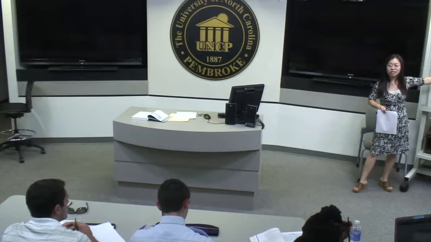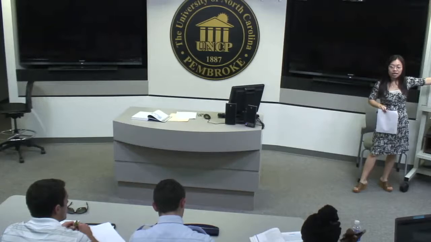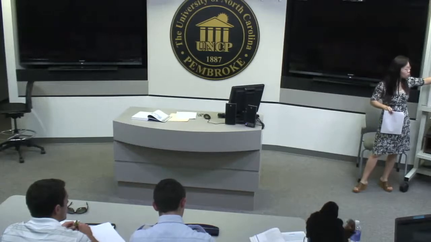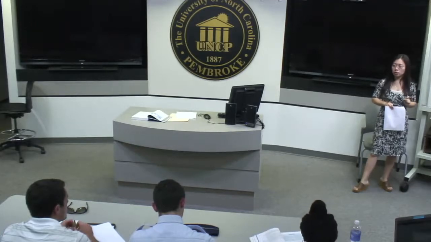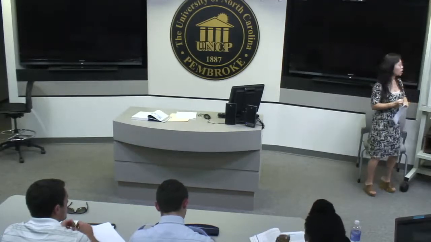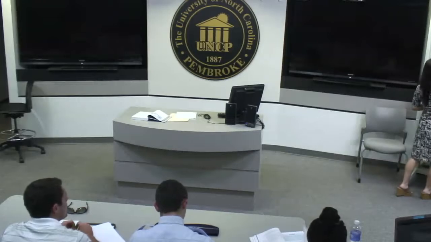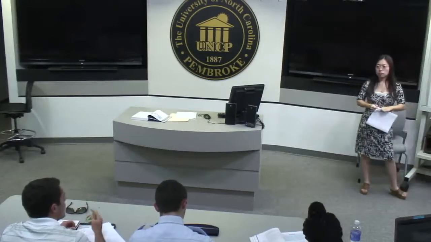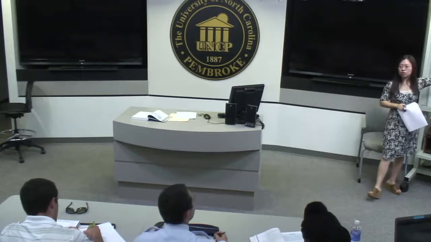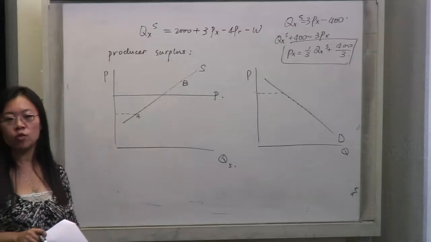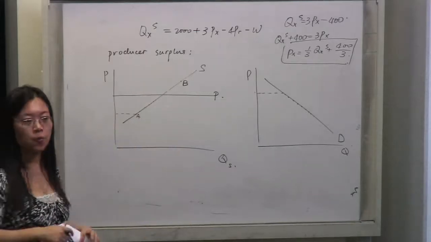Is A going to participate? Yes, because its cost is lower than the price you can sell it at. You're going to make some money. The cost of producing a unit for firm A is lower than the market price, so they can make a profit. How about B, right here? The cost of producing the good is higher than the market price, so firm B is not going to participate.